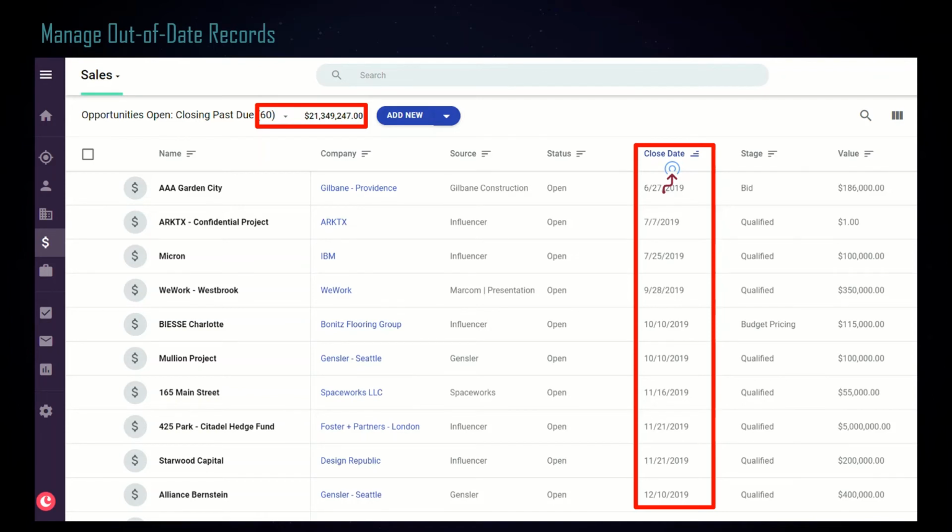Now, the fact is, none of that is true. A great number of those opportunities are no longer valid and should have been put to sleep. A number of those opportunities should have been moved forward to accurate close dates in the current year or however long out that's going to be.